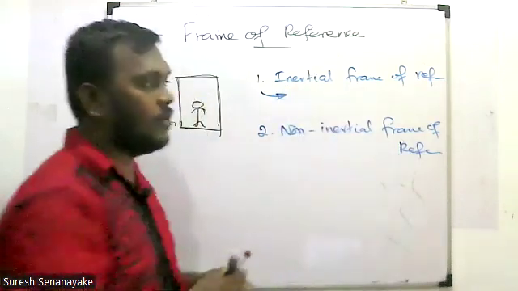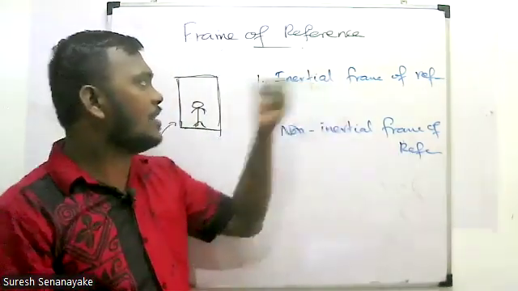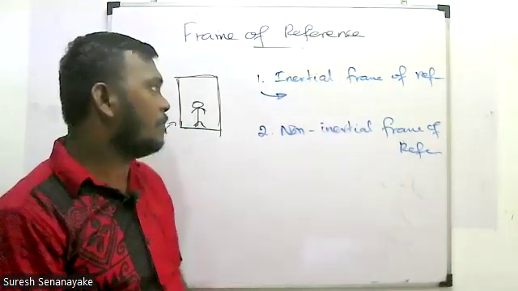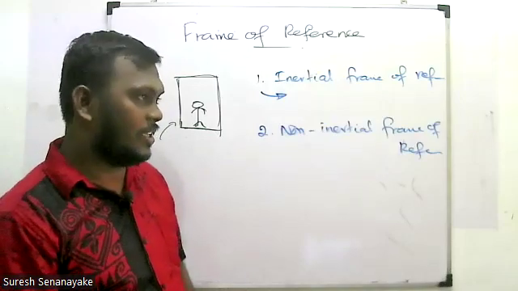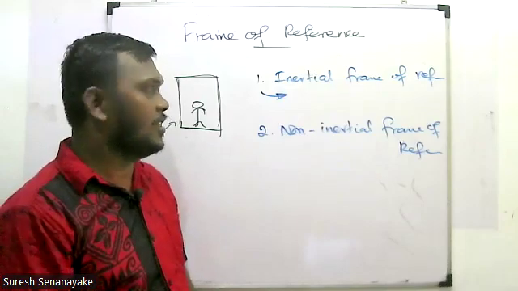Newton's laws of motion are only valid for observations taken from an inertial frame of reference. Later I will discuss how this affects the system. After we discuss Newton's laws, I will show you how they are valid only for inertial frames of reference.